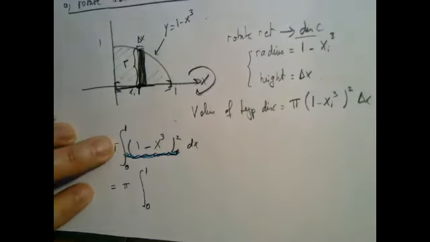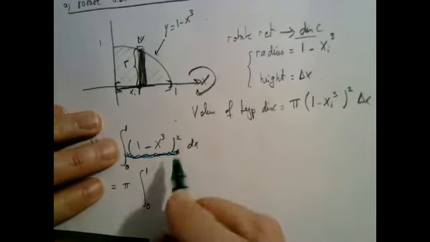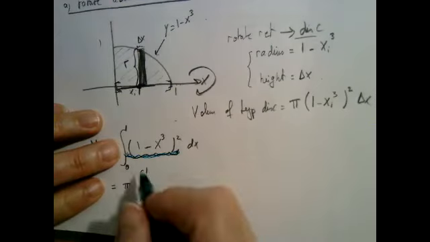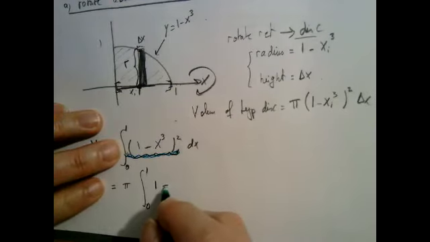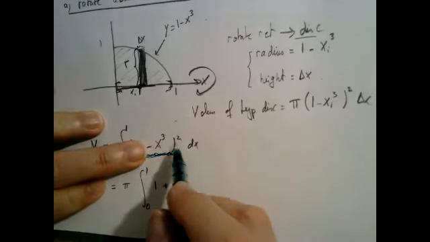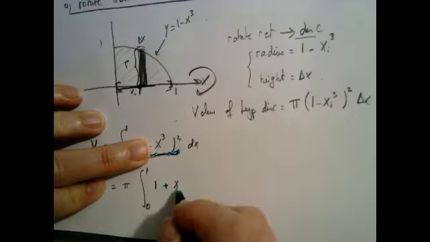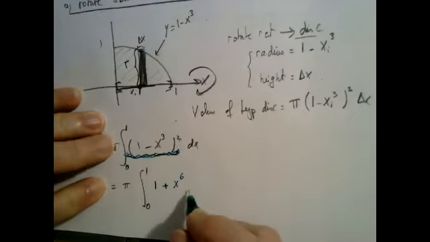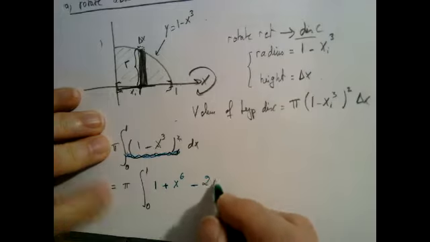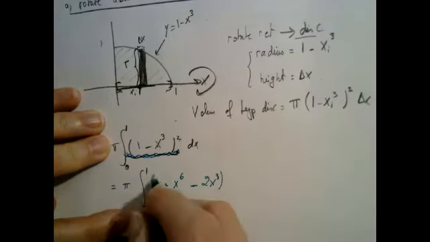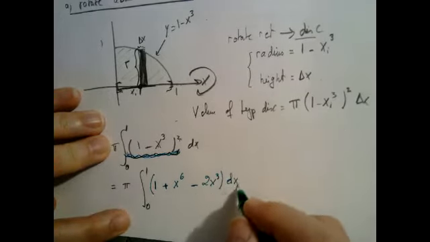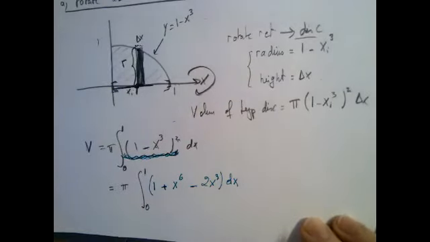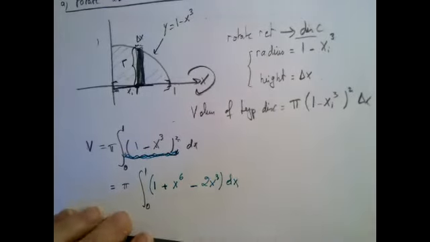So let us distribute (1 minus x cubed) to the power 2. You should get 1 plus x cubed squared, which gives you x to the 6, minus 2 x cubed, dx. There is no way out in this problem except distributing.